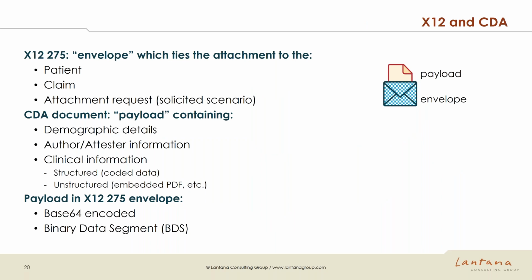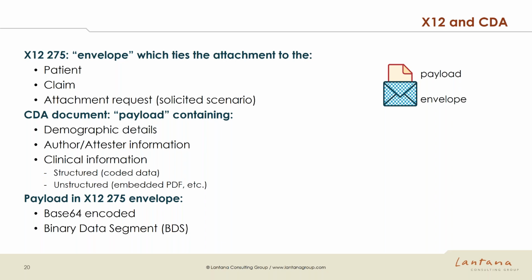So how this whole CDA and X12 work together, you can think of the X12-275 transaction as an envelope. And on the front of that envelope, in the regular paper world, you might have the sender's address, the receiver's address, all that type of information. In this case, the metadata in the X12 is going to contain information that ties the attachment to the patient, to the claim, and if it's a solicited attachment, to the actual attachment request, that 277 RFI.